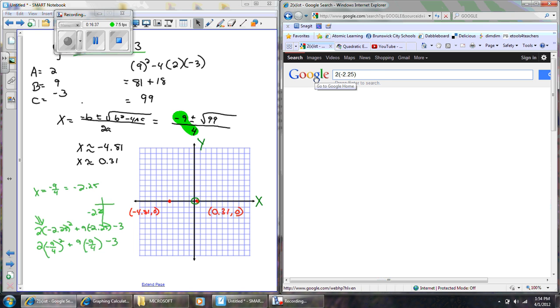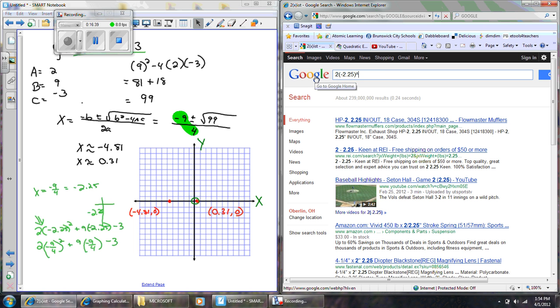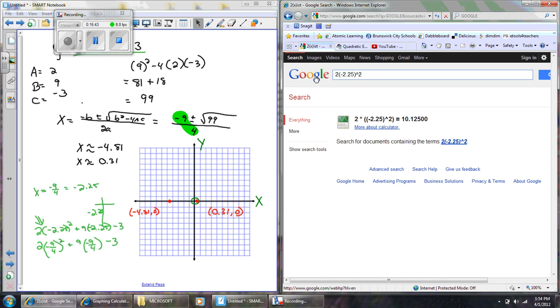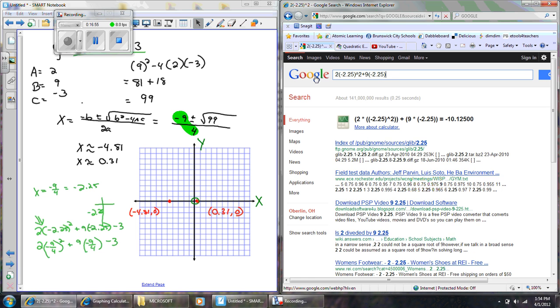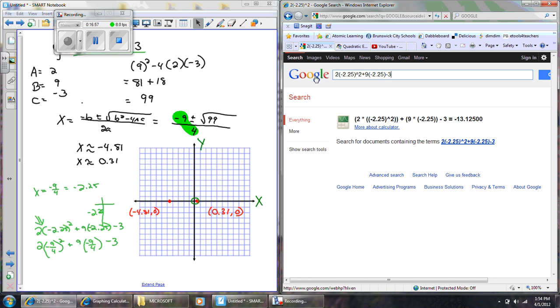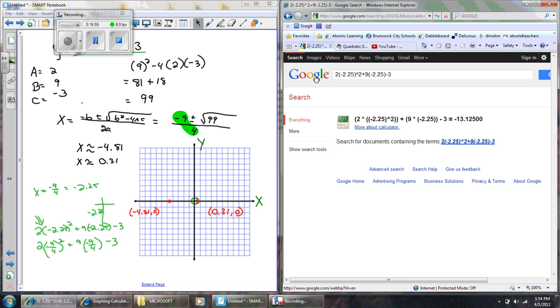And then I think I can do this, and it'll square it. And notice it's doing the work down below. And then I need to add 9 times the quantity of negative 2.25. And then I want to subtract 3. And look at that. It did it all for me.